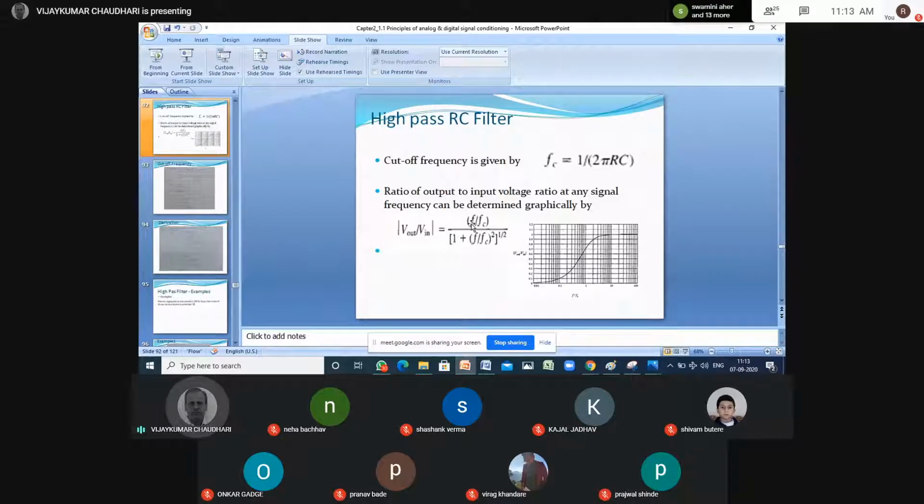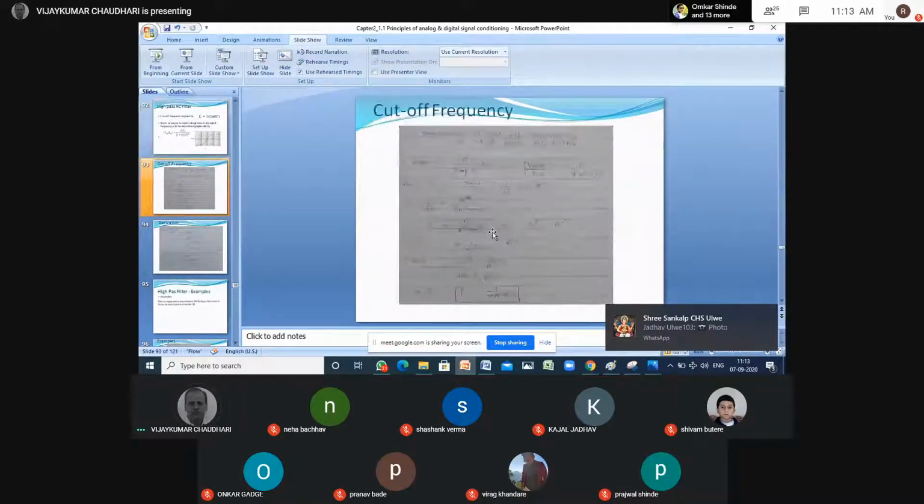In case of low pass filter, the numerator was 1. That only is the difference. In a high pass filter, the numerator is f upon fc. In case of low pass filter, it is 1. f is the given frequency at which we want to find out V out upon V in, whereas fc is the cutoff frequency.